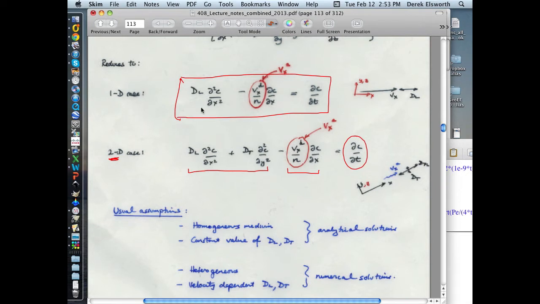And so if we're solving this expression, the reason that we get rid of this transverse term here is that if you think about having a system where you have, say, a source that's here that would ultimately look like a plume like this, but then you have a source here and a source here, all the way to infinity in each of these directions, then that makes it a one-dimensional case.